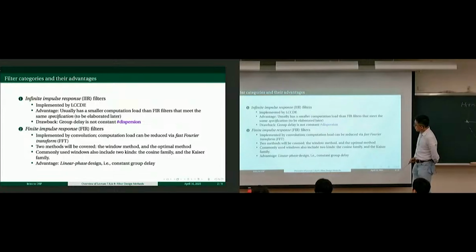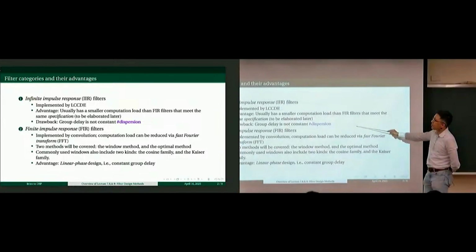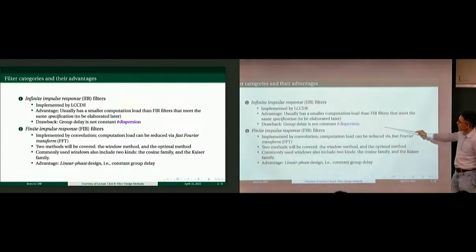So the next point: it comes with a drawback. IIR has a drawback of having a non-constant group delay. Whereas in FIR we'll cover two different methods: the window method and the optimal method, and the window method even has two different families of windows that we will cover: the cosine family and the Kaiser family.